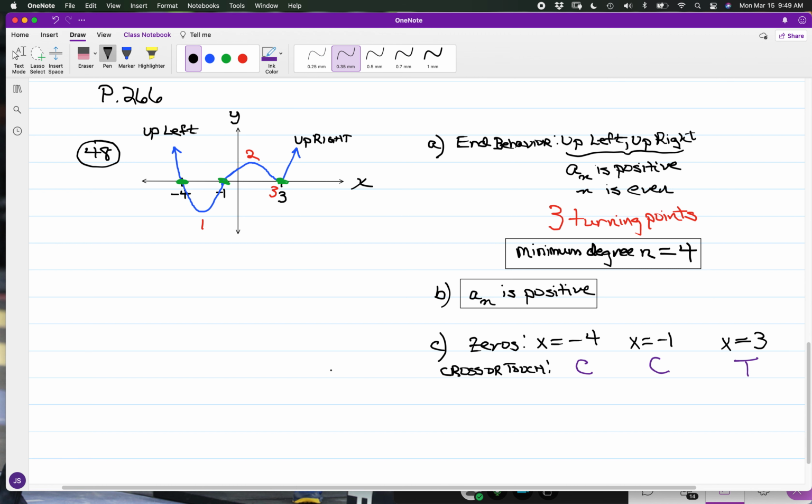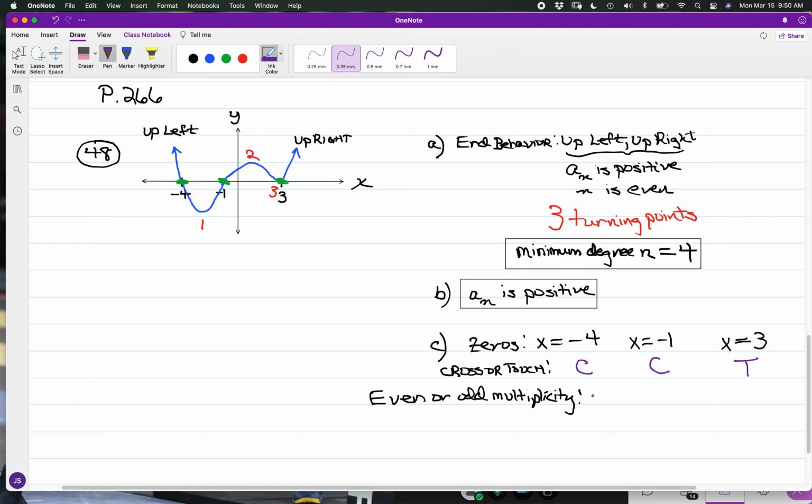And in terms of whether the respective zeros will have even or odd multiplicity, for zeros of odd multiplicity, the graph is going to cross. For those of even multiplicity, they will touch.